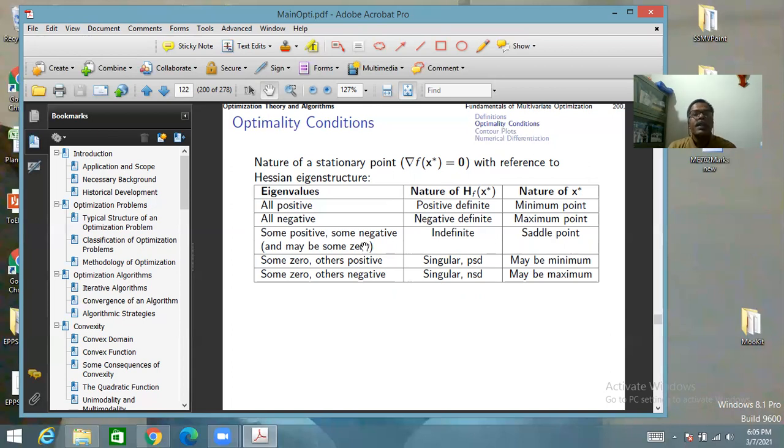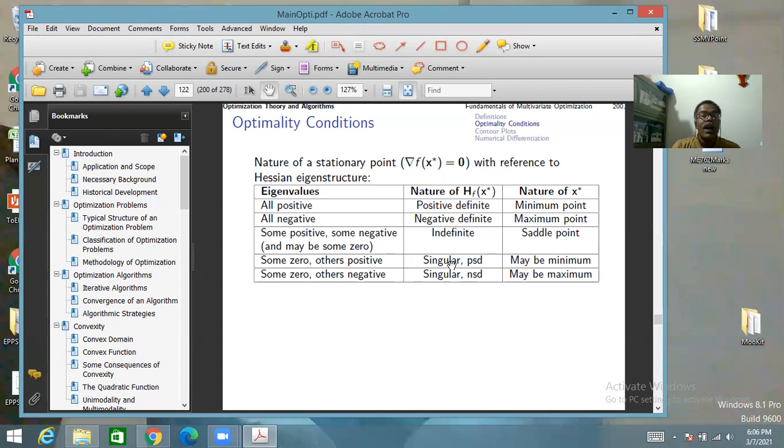Now what is left? These two situations are left. Some of the eigenvalues are 0 and others are positive, so only non-negative, positive or zero. In that case, the Hessian is called positive semi-definite. The matrix with this kind of nature is called positive semi-definite, and it is singular.